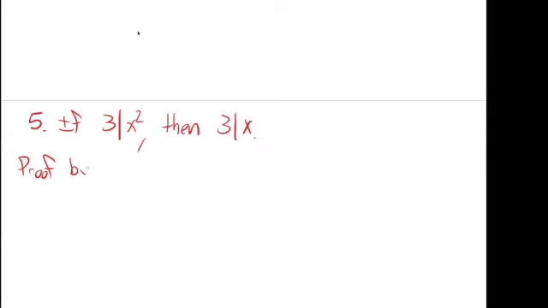And the statement here is if 3 divides x squared, then 3 divides x. So if we're proving this by contrapositive, and so we've been talking about when we're writing proofs, like what should we do for the last line?